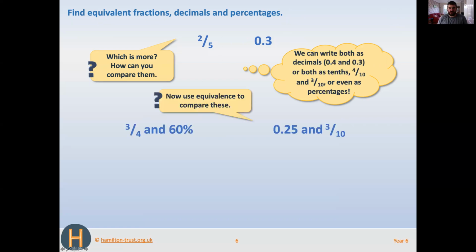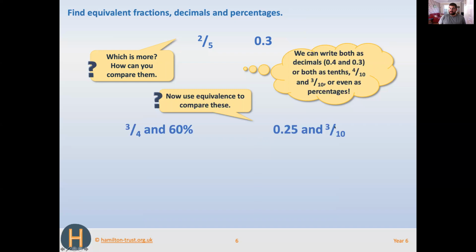How about these ones? 3/4 and 60%. What would you do? Which would you convert into? Would you convert this one into percentage? I would, if I was you. Or would you convert them both into decimals? That might work as well. And this one here, 0.25 and 3/10. Interesting.